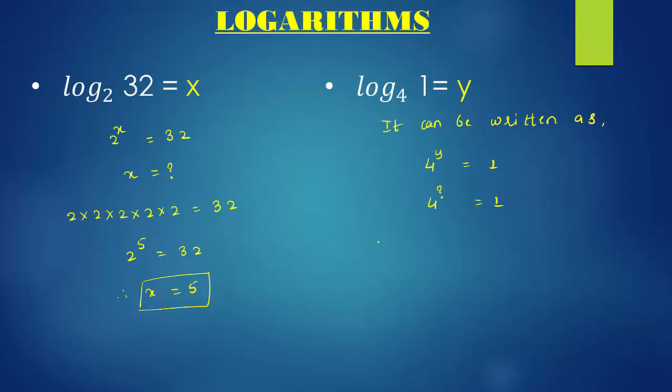We studied in exponents that any non-zero number raised to 0 is always equal to 1. 4 is a non-zero number. So we can write, therefore, 4 raised to 0 equal to 1. So the value of y is 0. So log 1 to the base 4 is equal to 0.